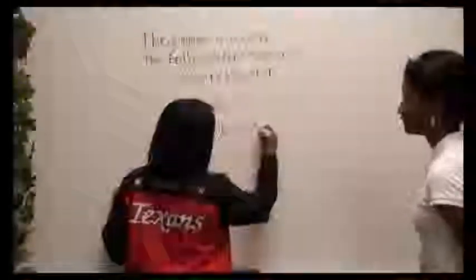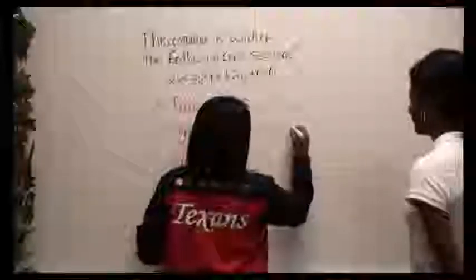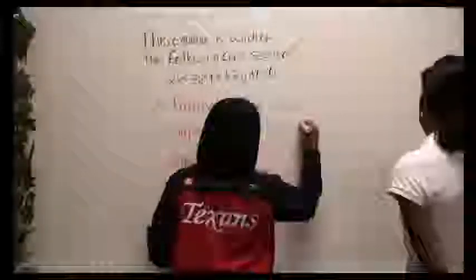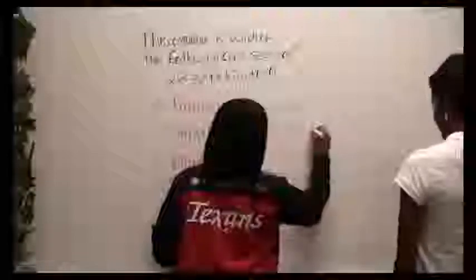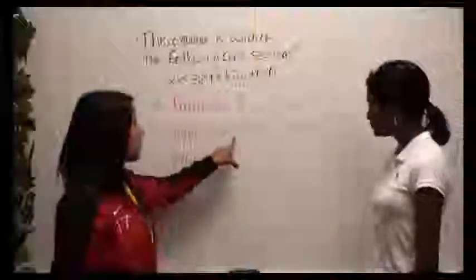Okay? A hyperbola has both terms squared, but they have different coefficients and they have different signs. So it can look like this. Or notice how they have different signs.